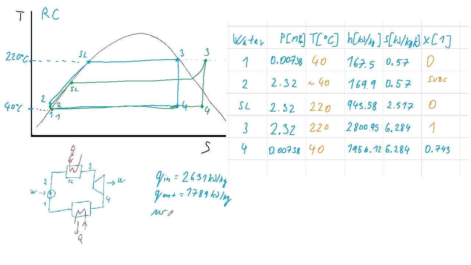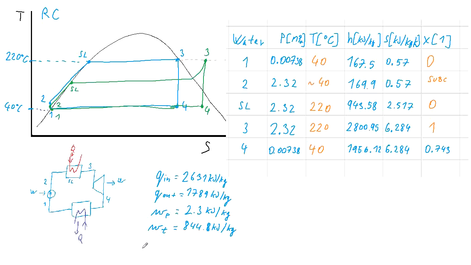The work of the pump will be enthalpy 2 minus enthalpy 1, which is 2.3 kilojoules per kilogram. And work of the turbine would be 844.8 kilojoules per kilogram.